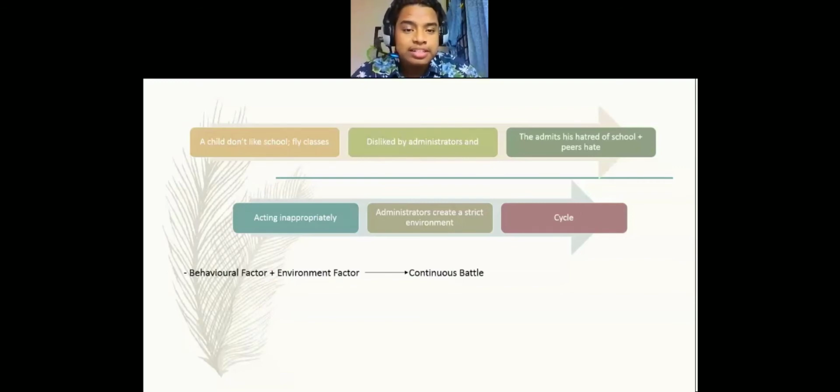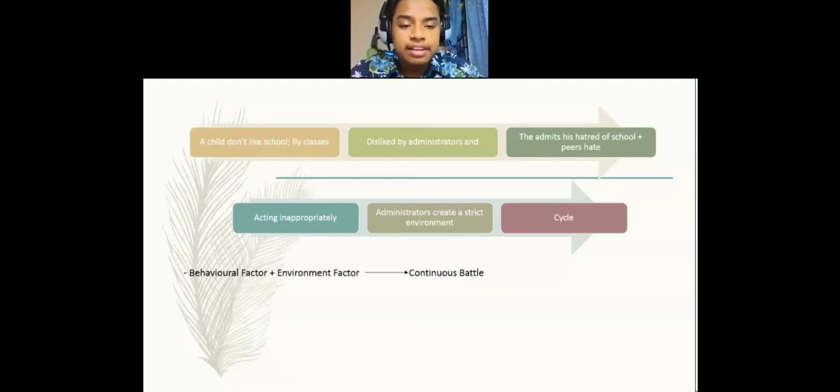The administrators confront the child and let the child admit his action of skipping school this year. Because of that, he started acting inappropriately. What do the administrators do? They create a strict environment for this child. It's kind of a cycle here.